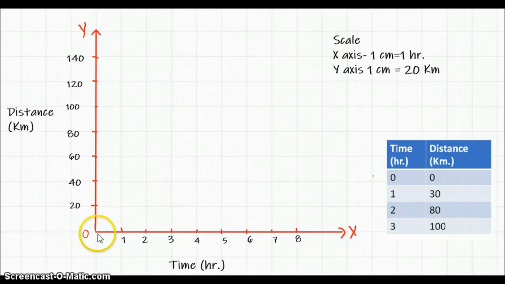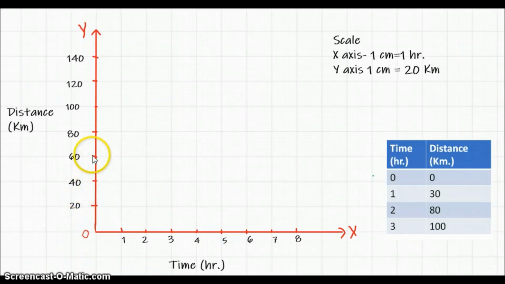I have taken 1 centimeter as 1 hour. So this is 1 hour, this is 2 hours, 3 hours, 4 hours, 5, 6, 7 and 8. And here the scale for the y-axis is 1 centimeter equal to 20 kilometers. So this first block is 20 kilometers, then the next block is 20 more, so 20 plus 20 is 40.